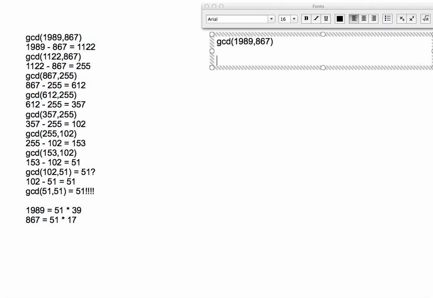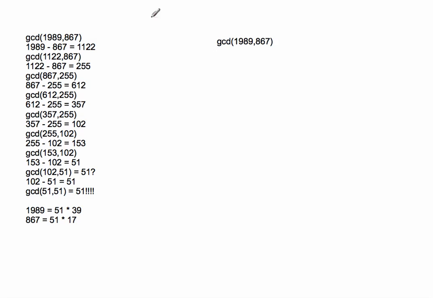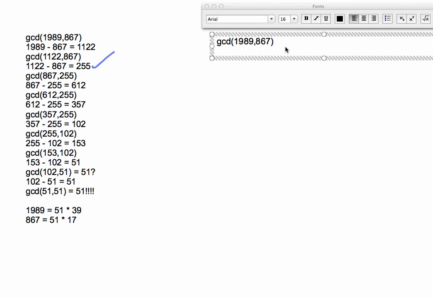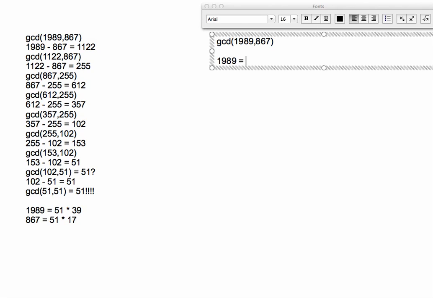So the first thing we did was we subtracted 867 from 1989, but we did it, let's see here, there's 1, and then we did it again, there's 2, and that was it. So we did it 2 times. So from that, we know that this can be sort of summarized in a division problem. 1989 is equal to 867 times 2, and then the remainder we see turned out to be 255.